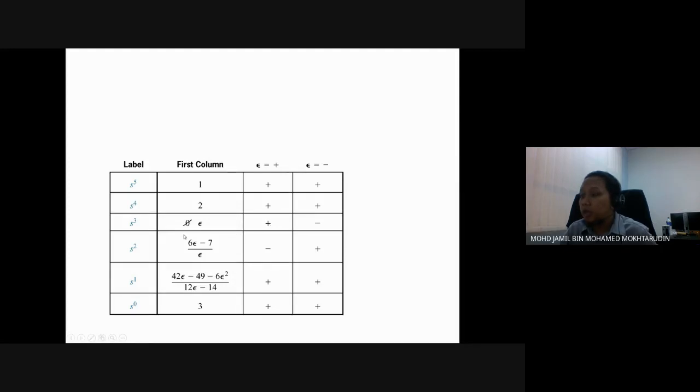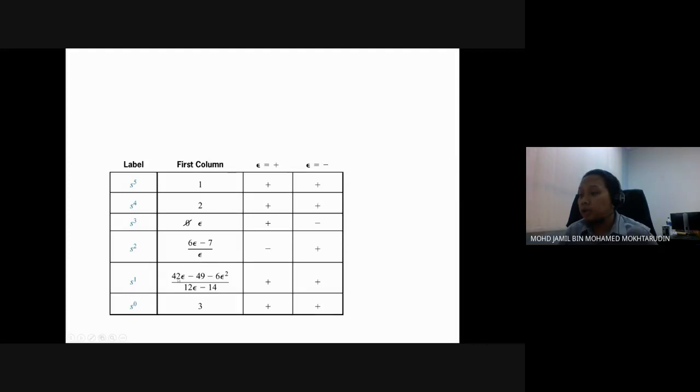And then on this box, whenever you assume epsilon positive, let's say epsilon is maybe 0.1, for example, then 6 times 0.1 minus 7, you get negative 0.9 or some negative value. So here it's negative already. Okay, so you put negative.